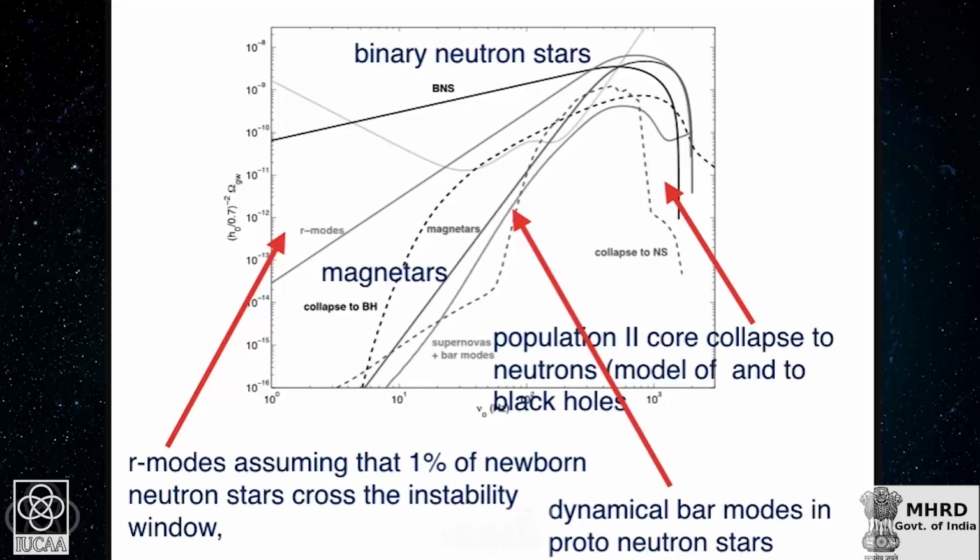Even if you assume that 1% of these newly born neutron stars have an instability, then that could lead to a background. There are other gravitational wave sources too.